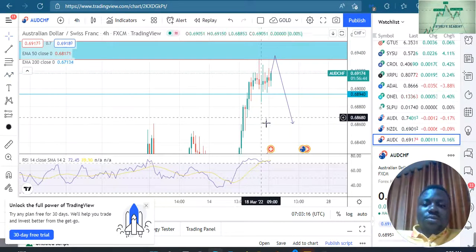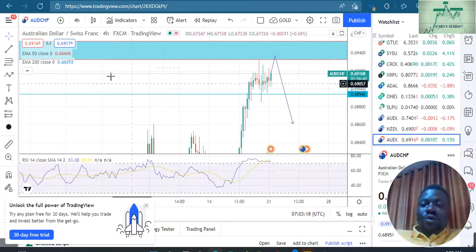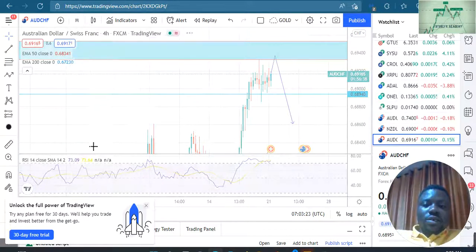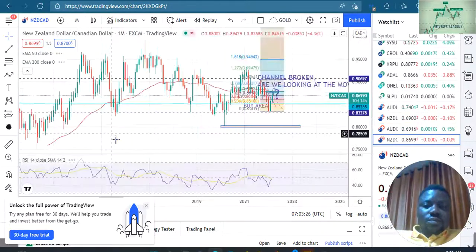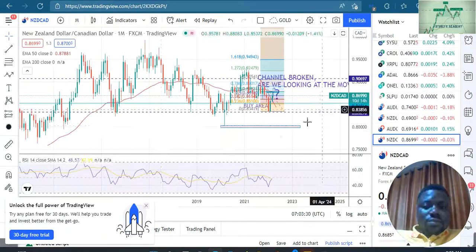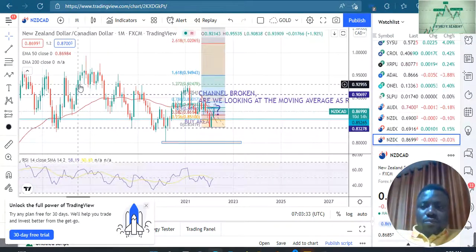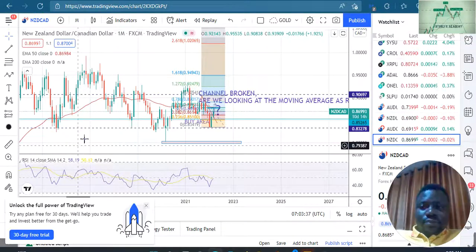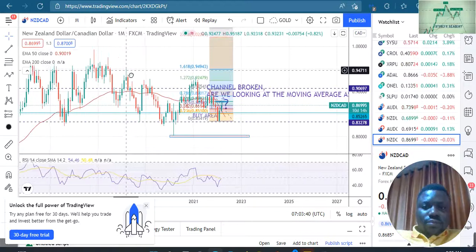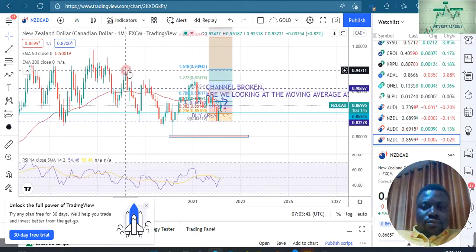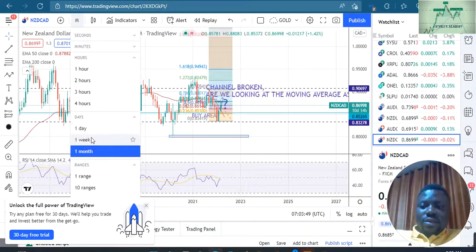So when this happens, then you begin to look for more sell on this particular analysis. This monthly time frame. I expect more sell on this particular NZD CAD.